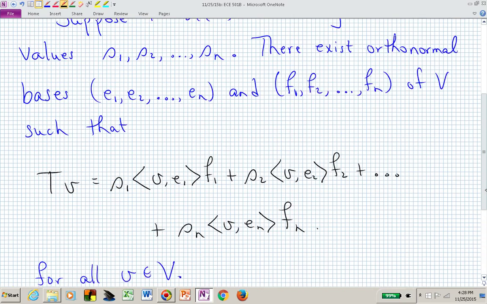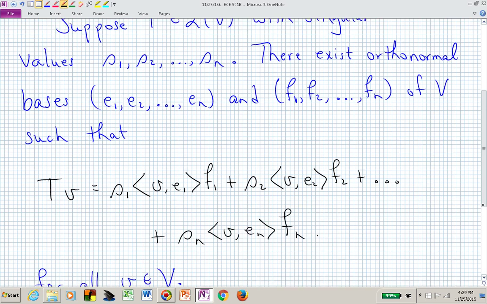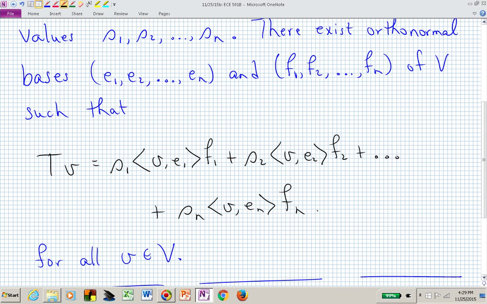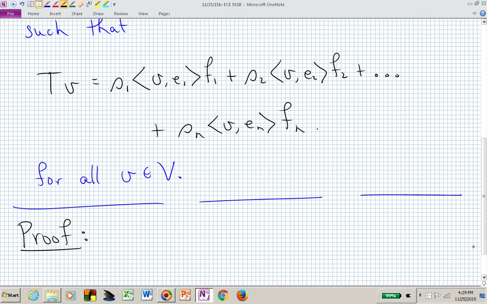We again have singular values of our linear operator, and we know how to find those. Those are the positive square roots of the eigenvalues of T dagger T. We now have found those. We have two orthonormal bases of our vector space V, and we're claiming that we can decompose the linear map T applied on v into this decomposition in the input direction.